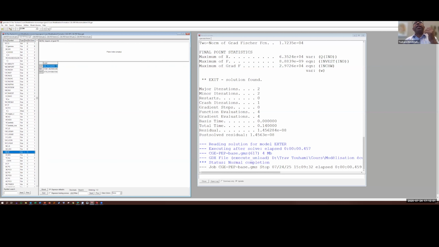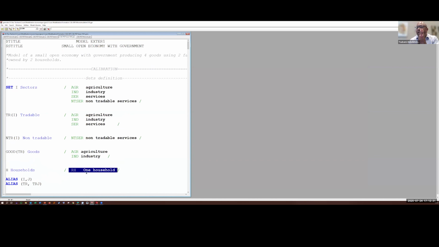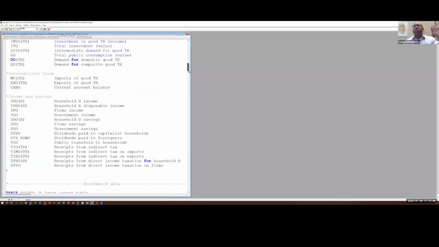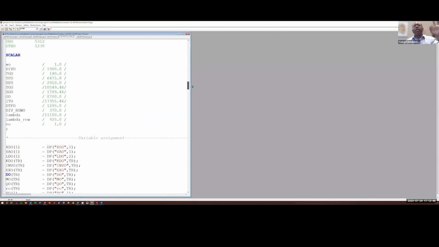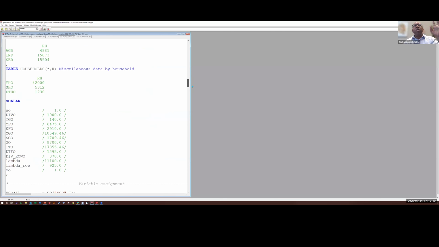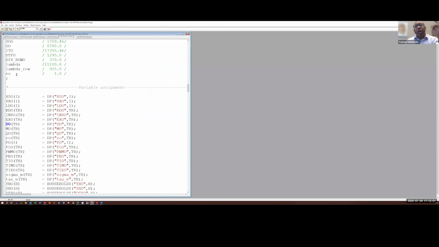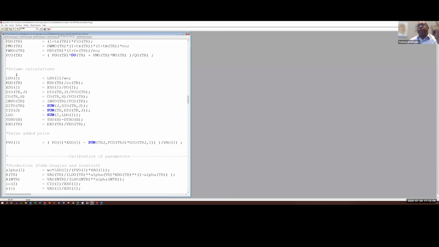This is the model constructed by aggregating the salary households and capitalistic ones. Generally, this is what we have when we construct only one household situation. The model is globally the same, but for the data we now have only one household. Before, we had two categories of households. Now we have only one.